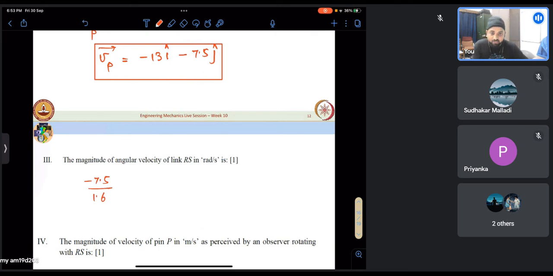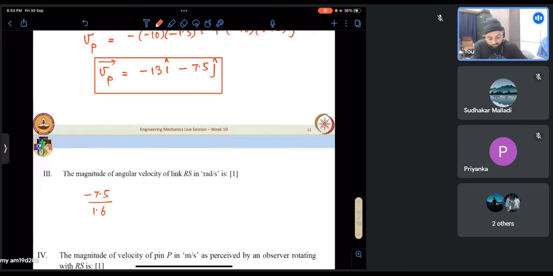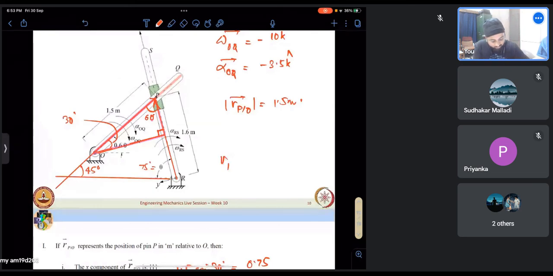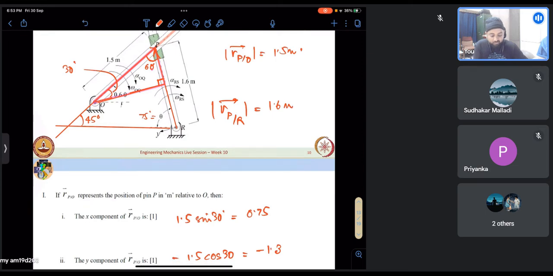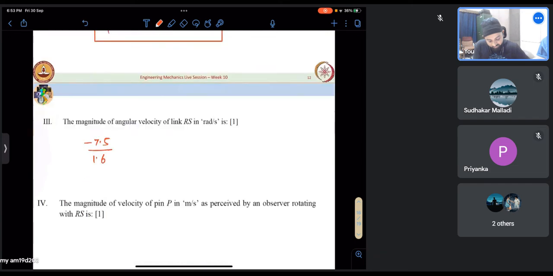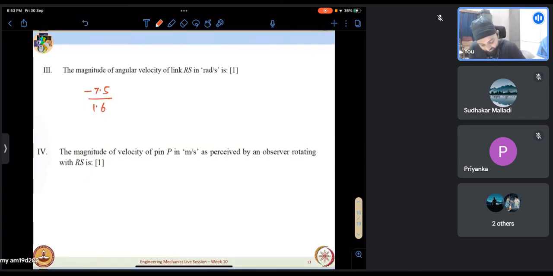1.6, which is R of P with respect to, what was that point? R of P with respect to R. Its magnitude is 1.6 meters. It is given, shown here. So that into omega is the actual tangential velocity.